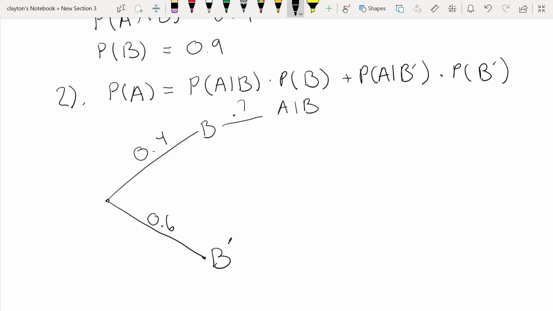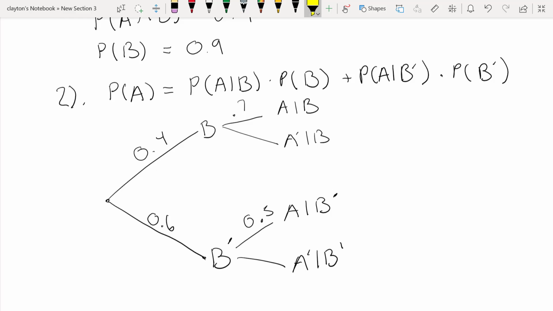We could find this, but this isn't really necessary. And then the other one is going to be the probability of A given not B, which is equal to 0.5. And again, we could do the other one as well, but we don't really need it in this case, right?